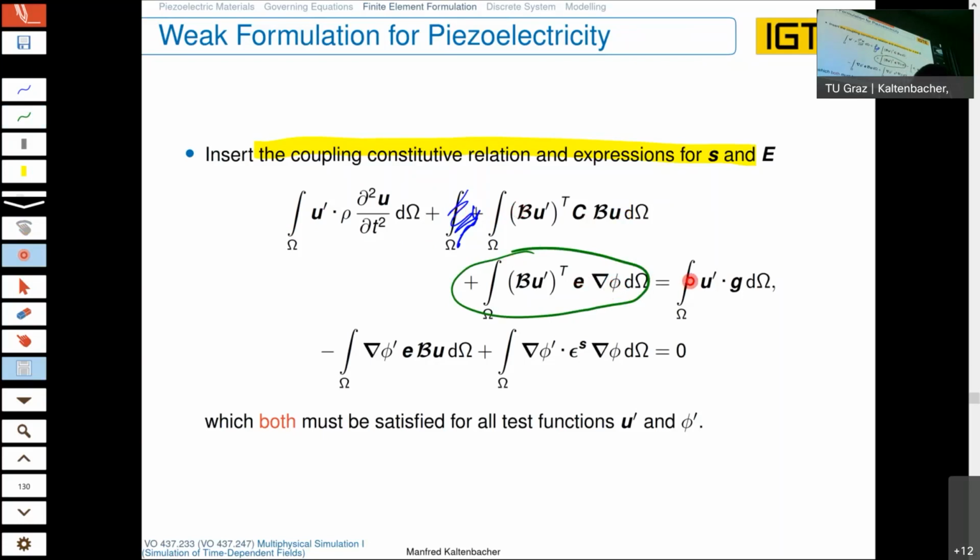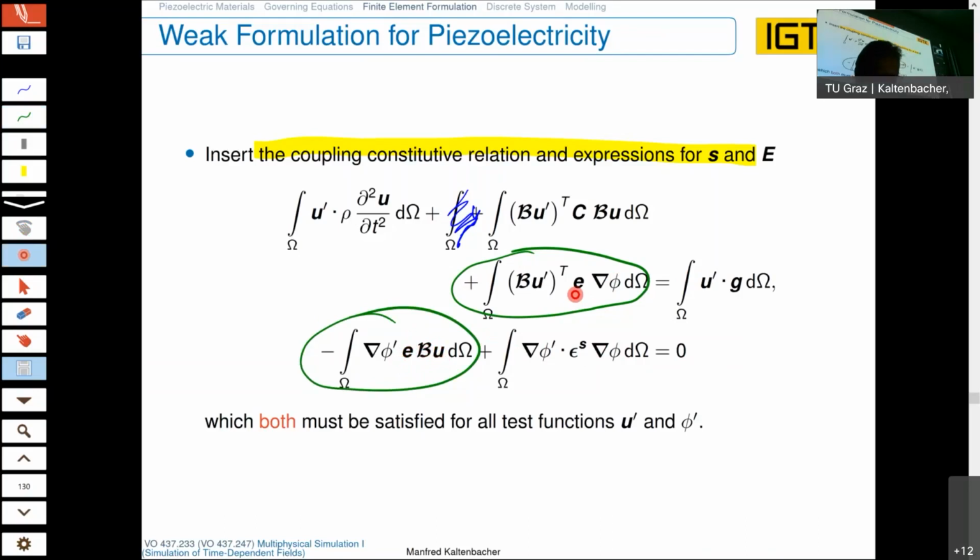And in addition, here we have the standard weak form for the electric field, and we see how the mechanical field couples in via the mechanical displacement, where we have the differential operator operating on the displacement, and the coupling, or simply called piezoelectric material tensor e, as we also have in this term here.